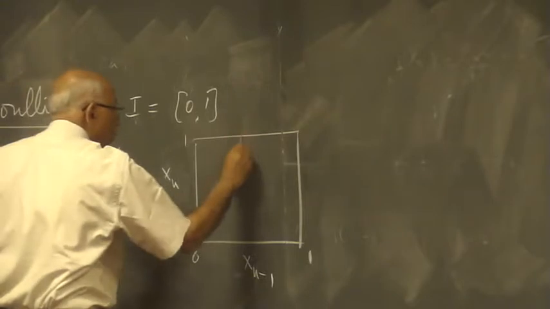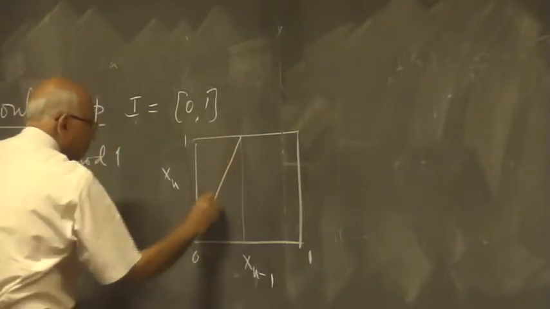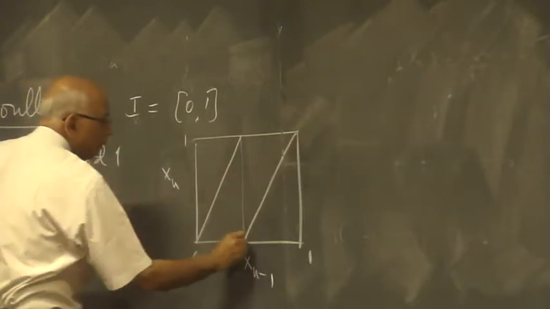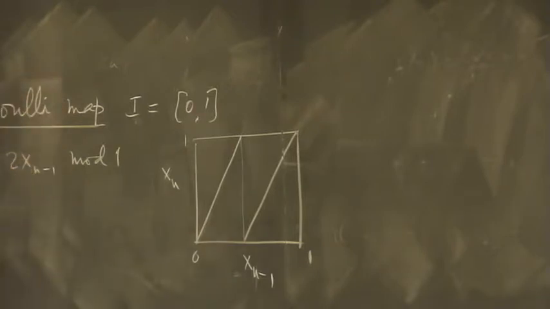So this is a discontinuous map. That's the map. Two straight line segments, each of which has slope 2, and at x equal to half, there's a discontinuity in the map, a finite jump.